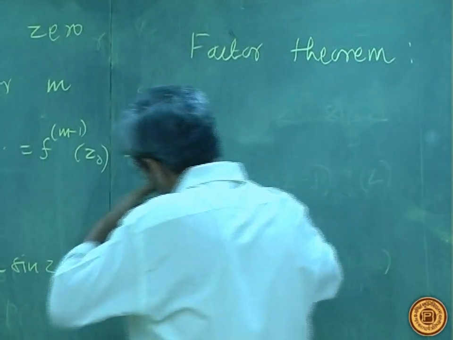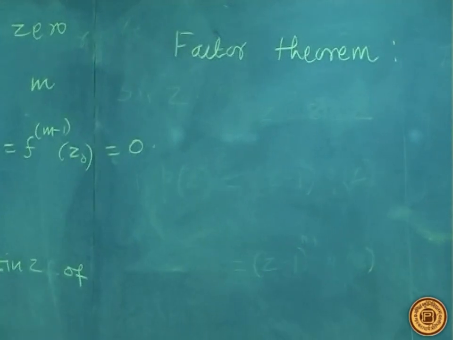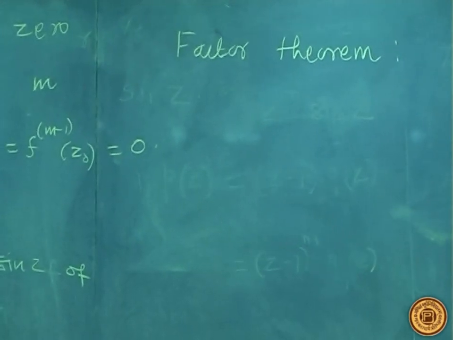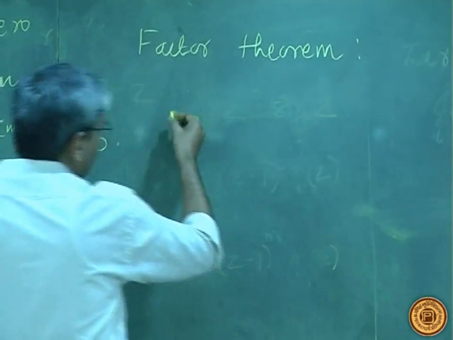Factor theorem says that, now I am writing for polynomials, right? So you may just see this, you need not write this.